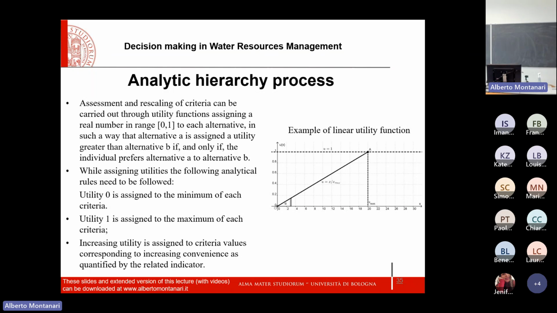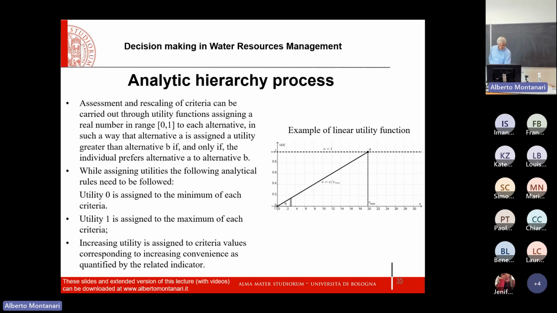In general, we deal with nonlinear utility functions. But in this case, to provide an example, this is a simple way, if you don't have any information, to compute utility. So for instance, think of the dam, and think of the other solutions in terms of net benefit.